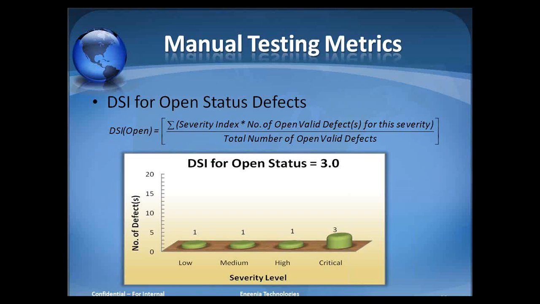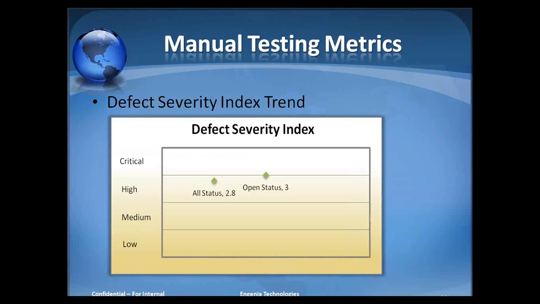We can see that the DSI for open status is 3 in this particular example, which has 1, 1, 1 in low, medium, and high, and 3 in critical. And then we can have this kind of trend analysis, that all status was 2.8 and open status was 3. So currently we have more critical defects which are still open, and then we need to reduce this particular count.